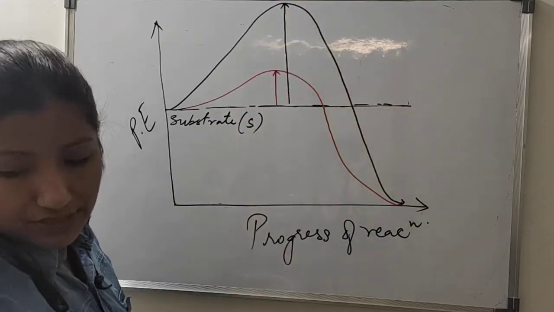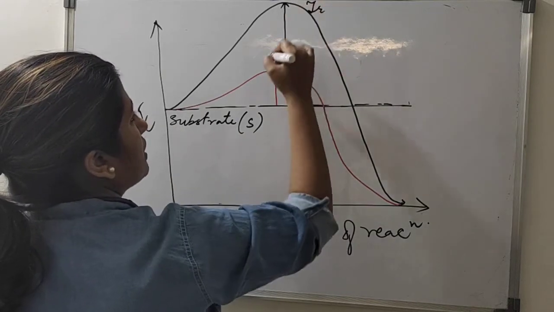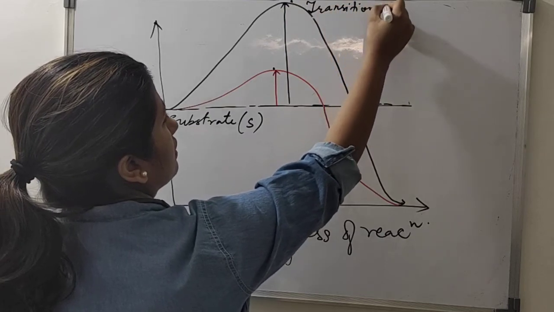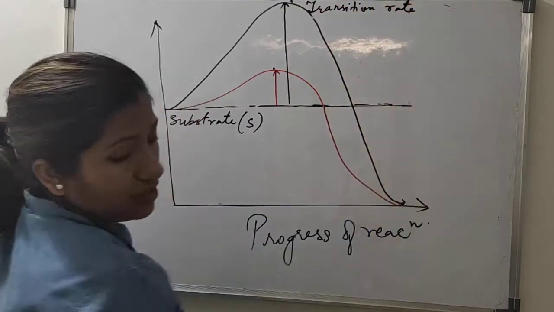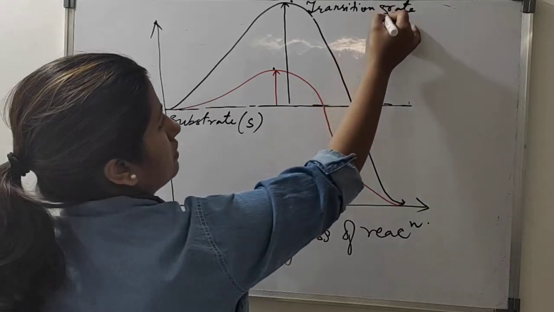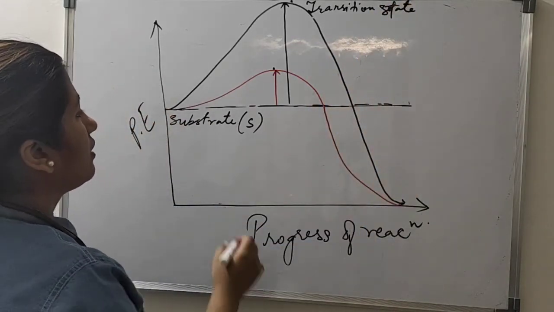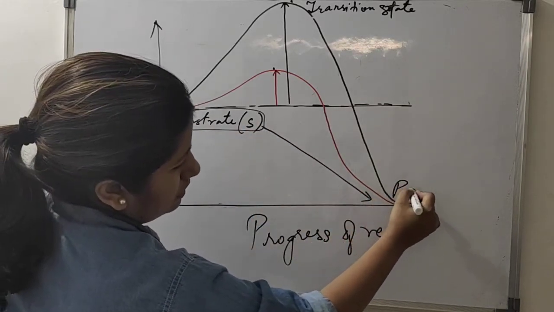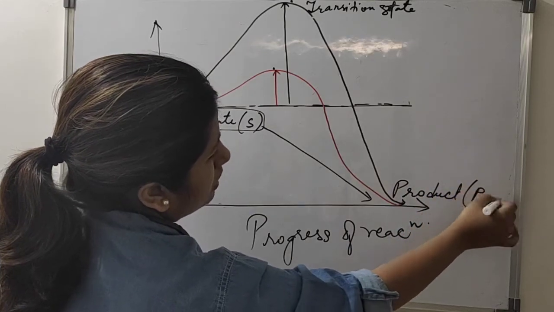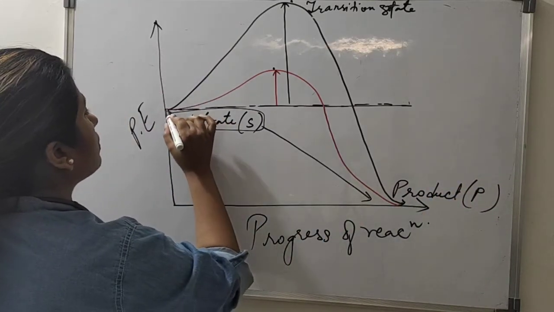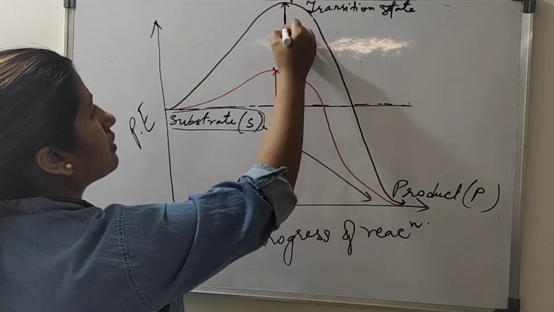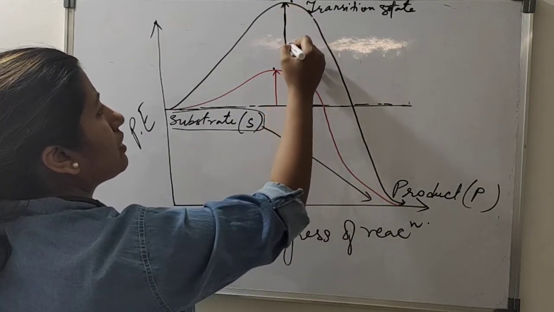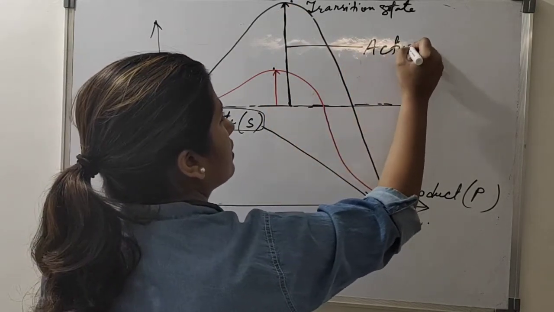This peak represents the transition state. Transition of what? Substrate converting into product. So you can see here, this distance between the potential energy and the peak is the activation energy.